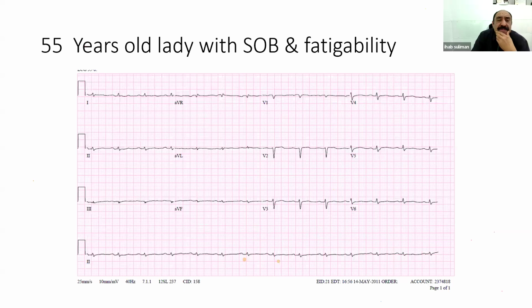So a 55 years old lady has shortness of breath and fatigability. And that is her ECG. I'm not sure whether you have seen such an ECG lately, but this is her ECG.